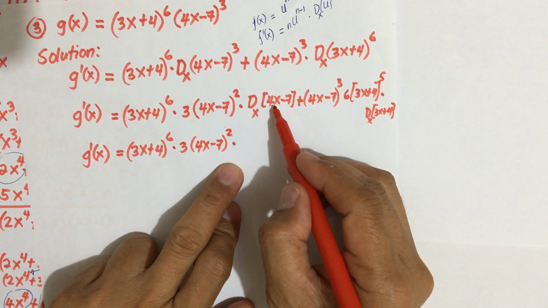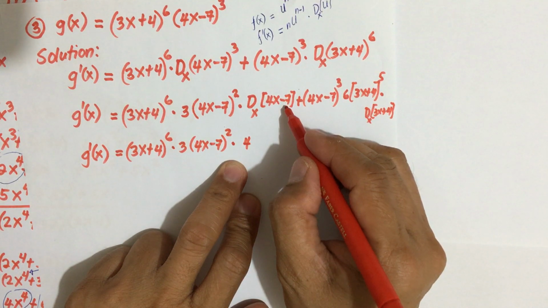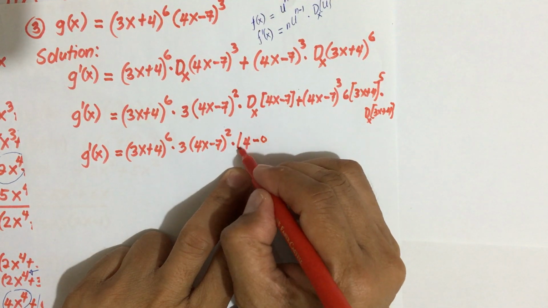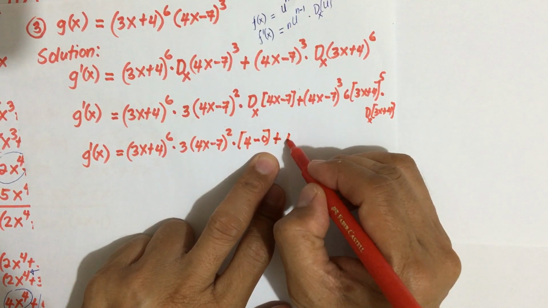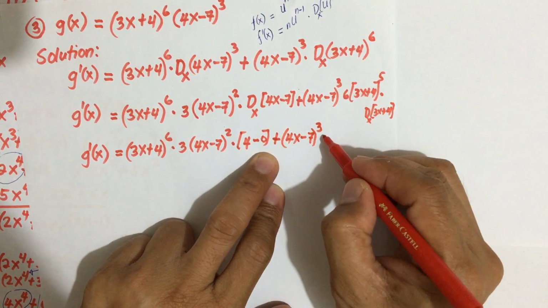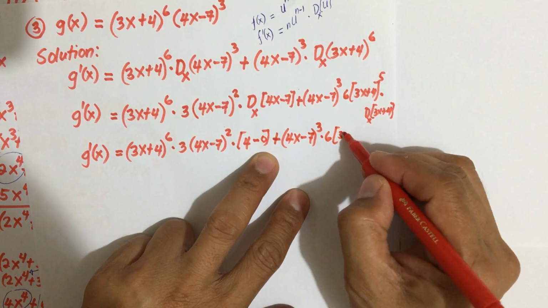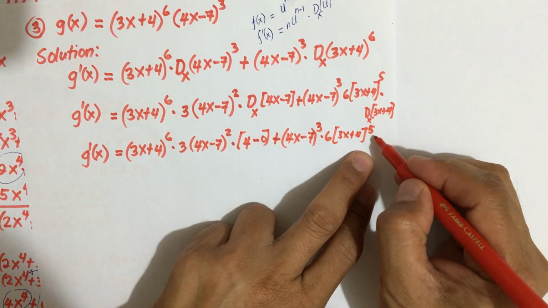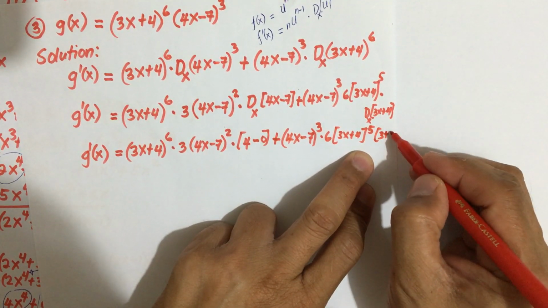Derivative of 4x is equal to 4, then derivative of a constant, which is 7, is 0, so minus 0. Then plus, we have 4x minus 7 raised to power 3, then times 6 times 3x plus 4 raised to power 5, then derivative of this, so derivative of 3x is 3 plus derivative of 4, 0.